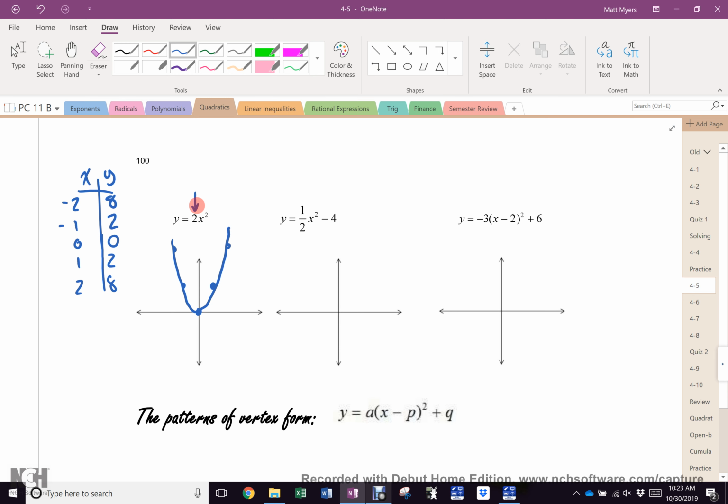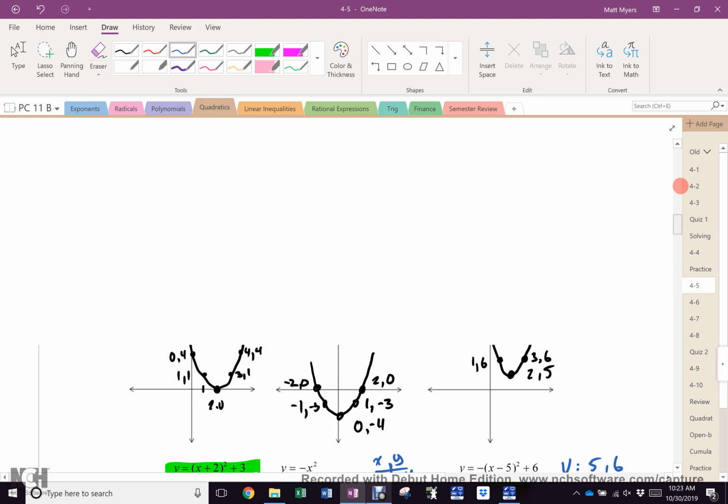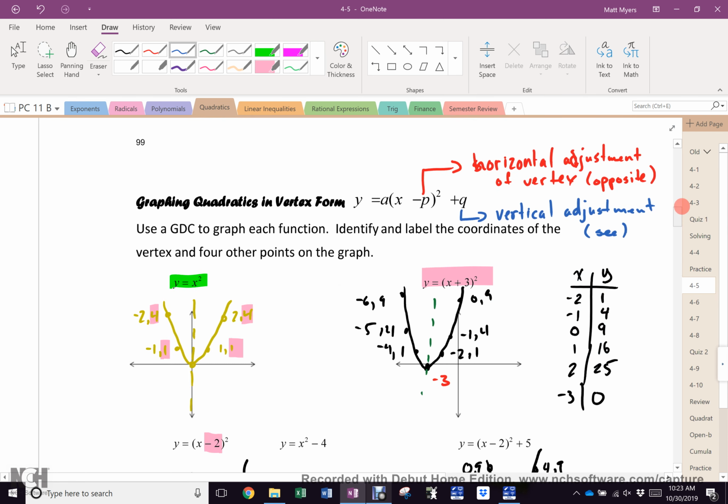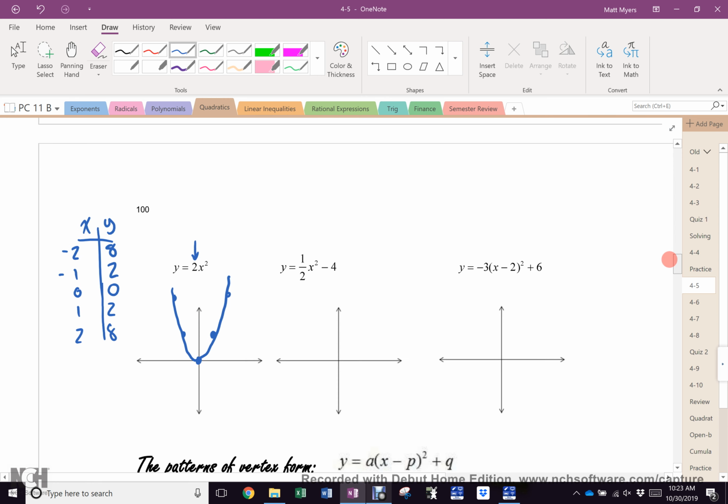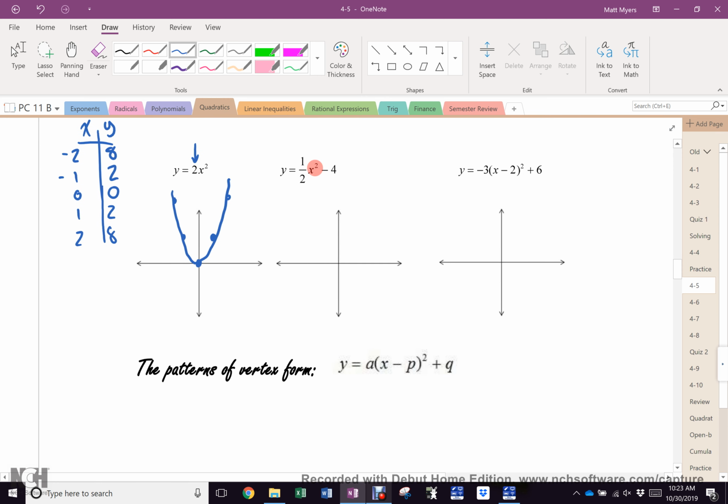All right, now we have covered all of these things, haven't we? We've covered the P and the Q, but now we've added the A. The A changes the stretch. So, let's have a look at this one.